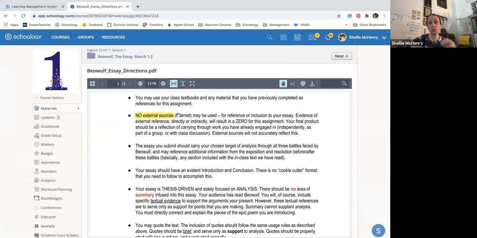But there may be no external sources used. If there's any evidence that you've gone out on the internet and try to find someone else's answers to these questions, it's not going to really help you, because these are very unique prompts that I developed based on how we worked with Beowulf. But any use of external sources does result in a 0. So let me make that clearly evident.